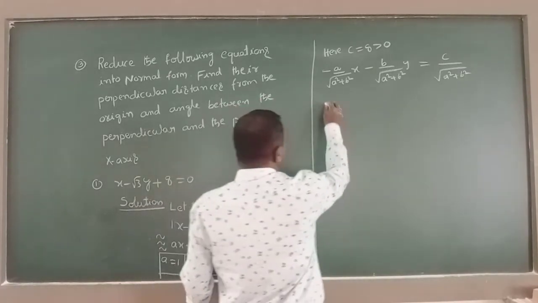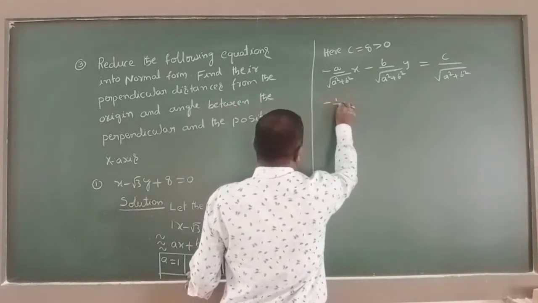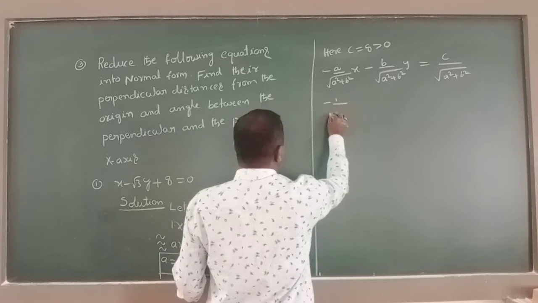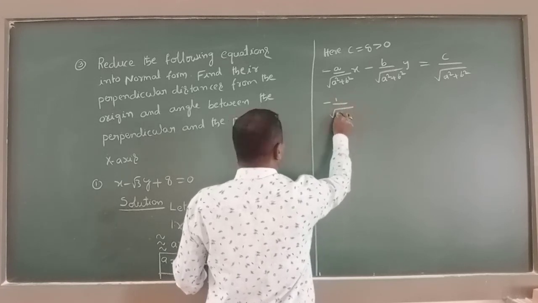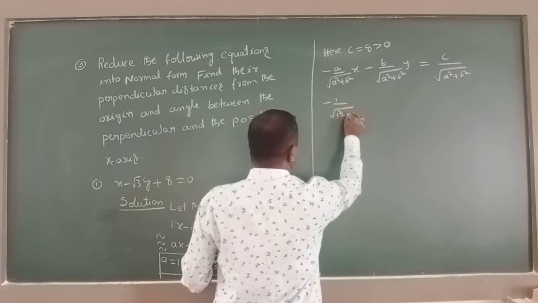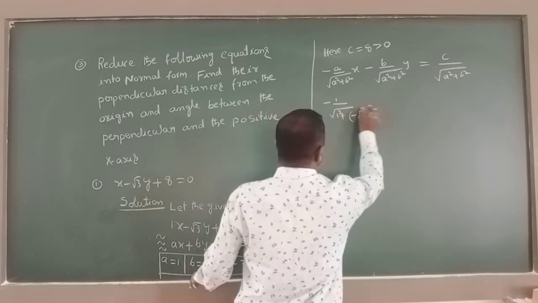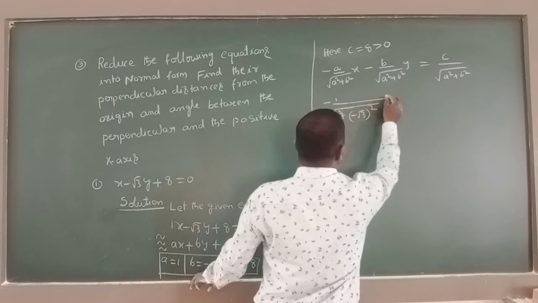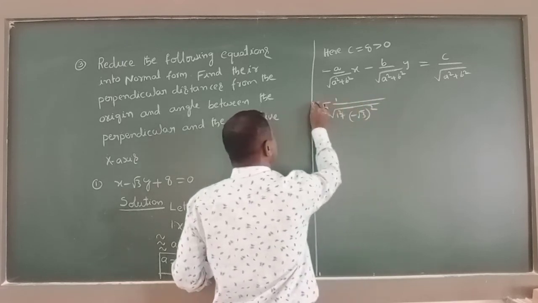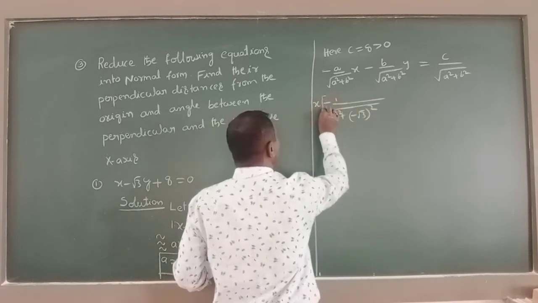That is minus 1 by square root of 1 square plus minus root 3 whole square of x. Otherwise, you can take x here also, no problem.